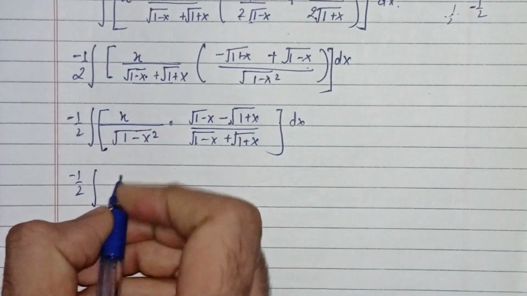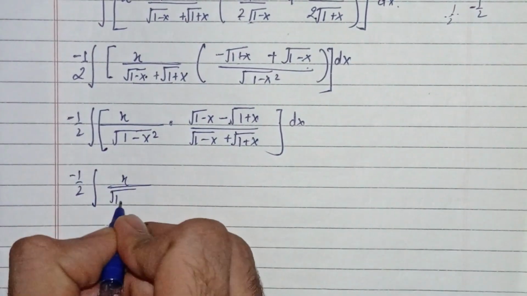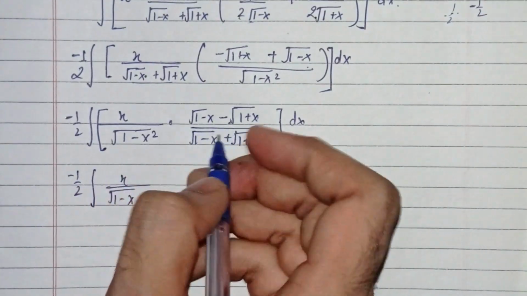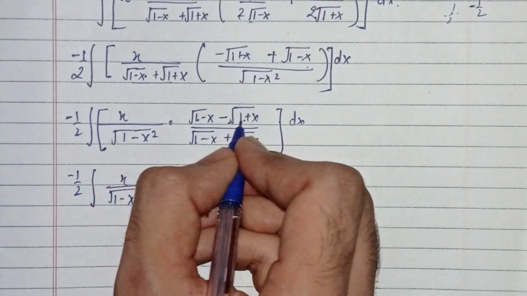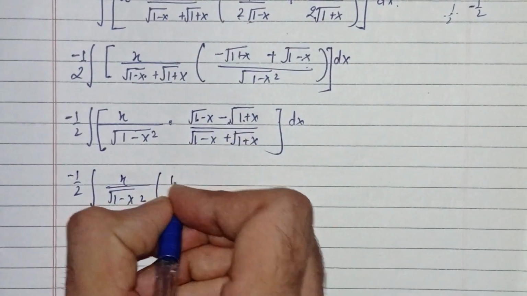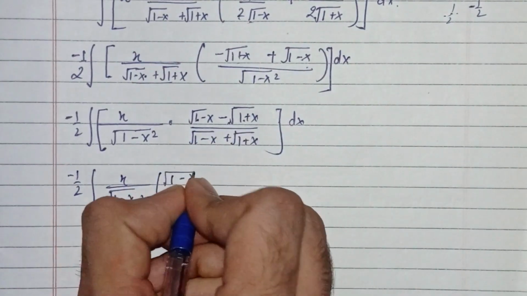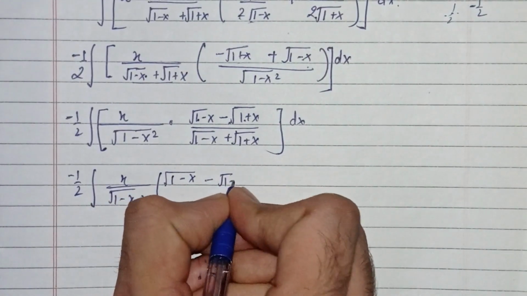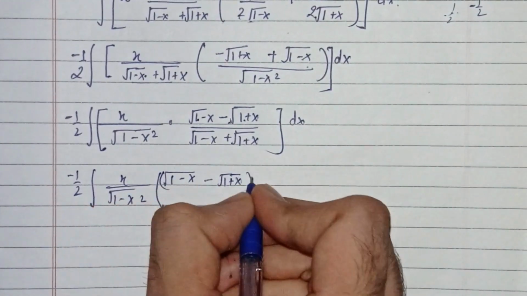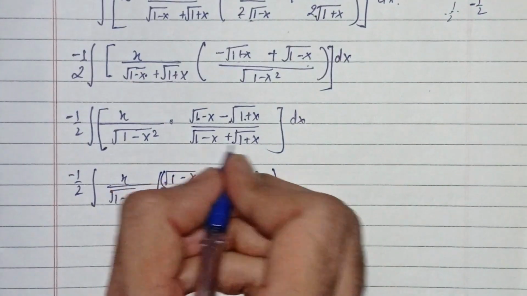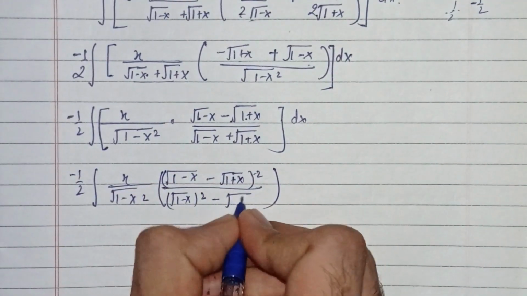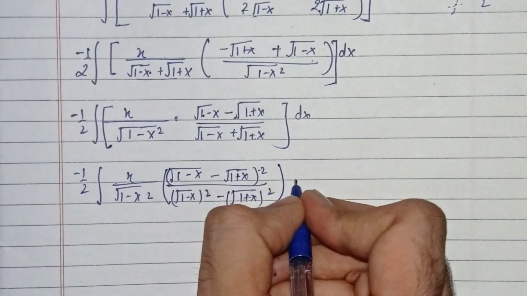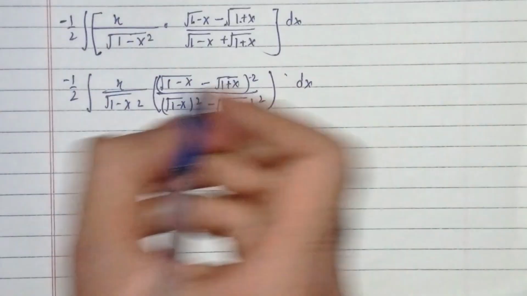So minus 1/2 integration of x upon √(1−x²). After rationalizing it, this will become its whole square, that is (√(1−x) − √(1+x))² upon (√(1−x))² − (√(1+x))² dx.